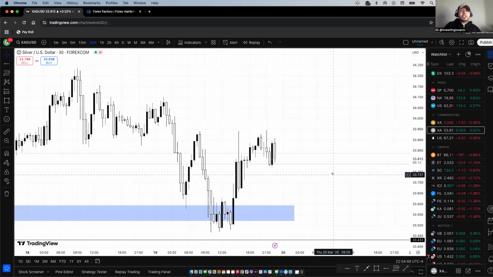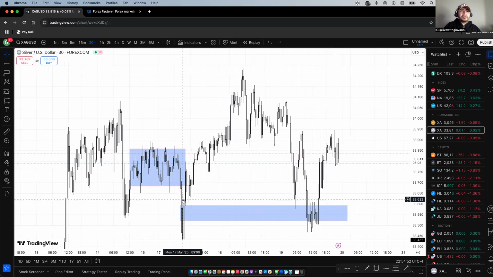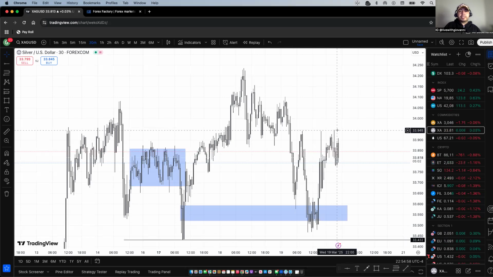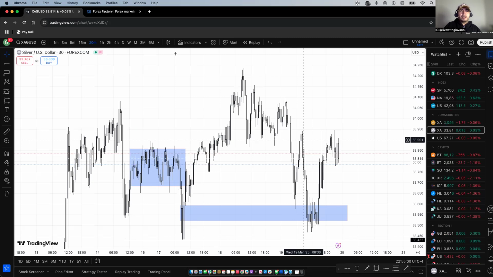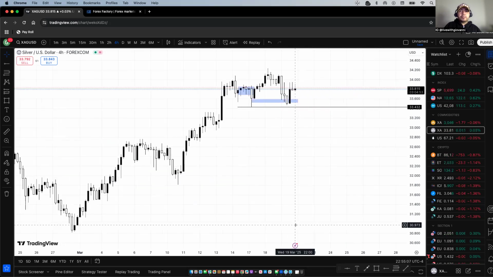On top of that, I was looking at silver and oh my gosh, this was such a dirty trade. As you can see, consolidation, break of structure, change of direction, retest. Now we're continuing to go higher. What I would like to see is this market continuing bullish.